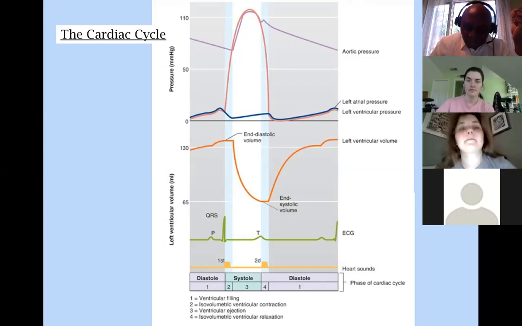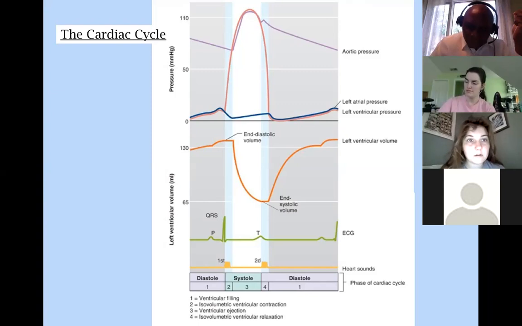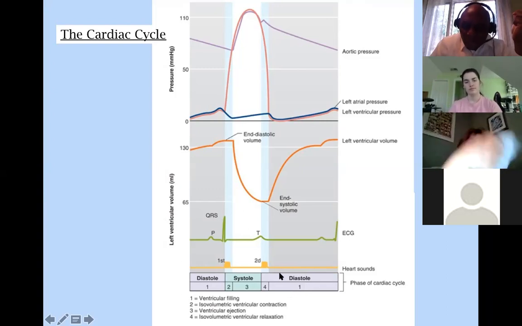The diastole, the 500 milliseconds at rest, this is the only time your heart goes on vacation. This is the only vacation your heart has, 500 milliseconds.